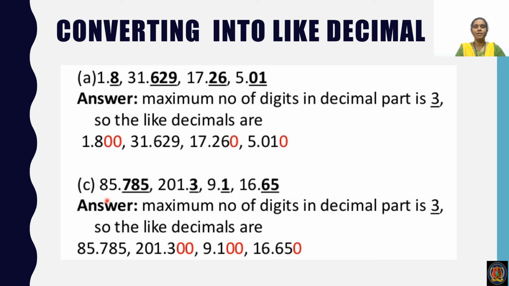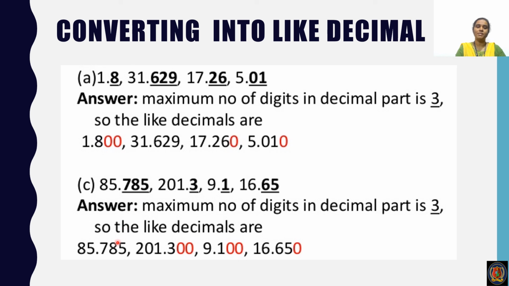One more example you have here: 85.785, 201.3, 9.1, 16.65. The maximum number of decimal places is 3. So we make all the numbers have 3 decimal places by adding the required number of zeros.